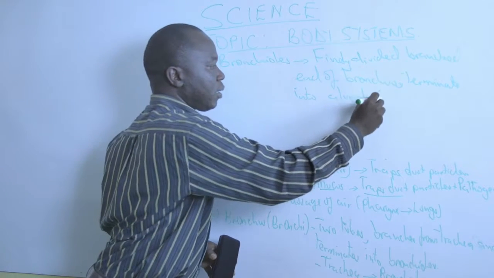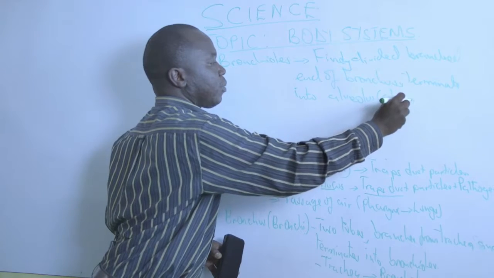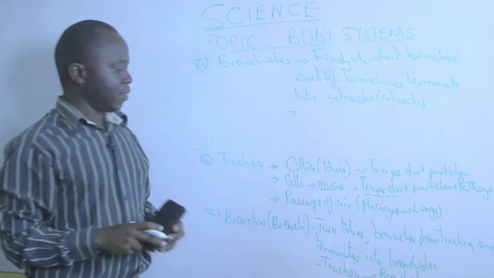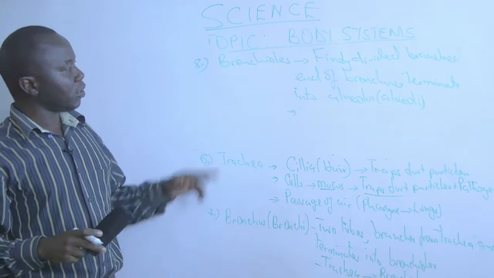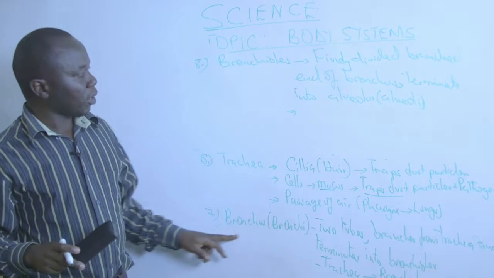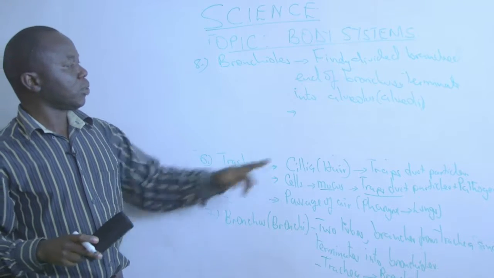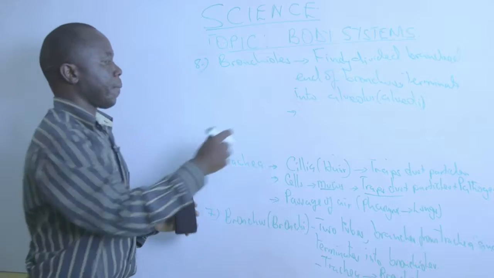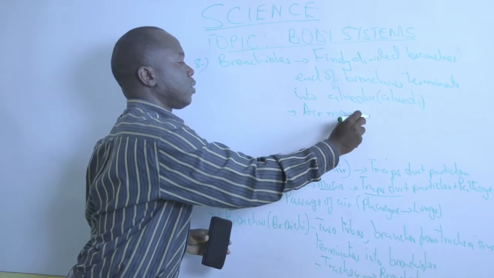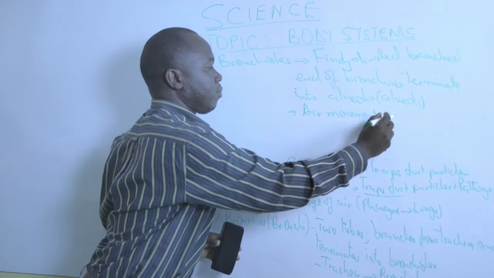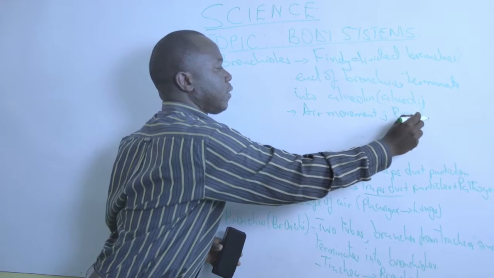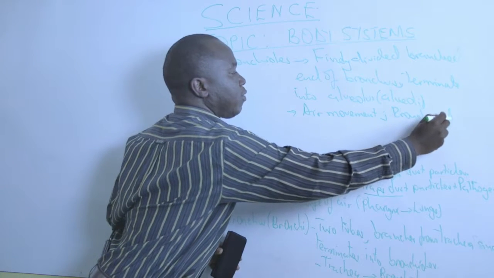If it is one, it is alveolus; if there are many, we call them alveoli. And we have been looking at the roles. The role simply is to allow air movement from the bronchus into the alveoli.